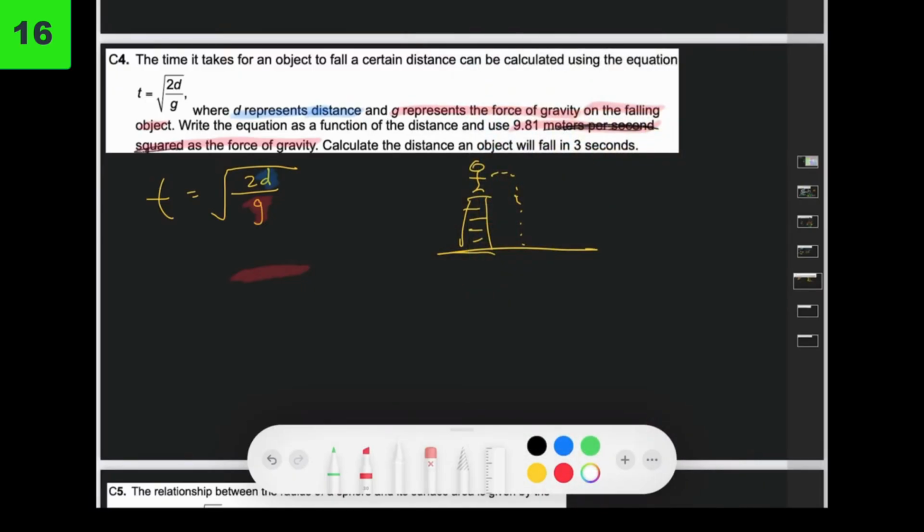Okay, so it says calculate the distance. Now we gotta look at this. Calculate the distance. So they want to know what d is equal to when an object will fall 3 seconds. So the object falling is your d value.